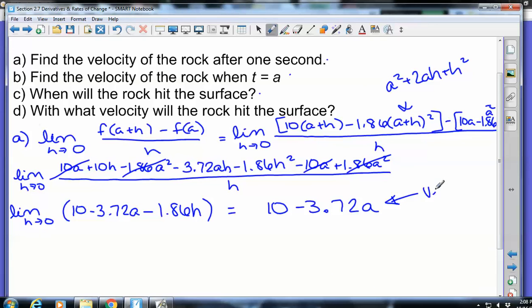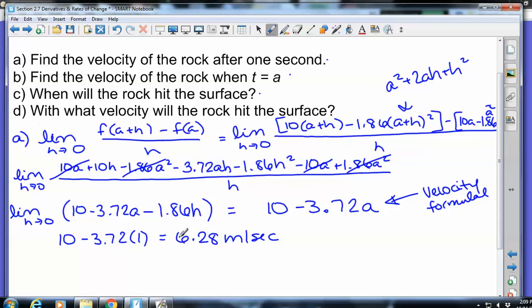So in part A, I wanted the velocity after 1 second. This is the velocity formula. So after 1 second, you are just going to plug in your 1. And you get 6.28. Velocity would be meters per second.